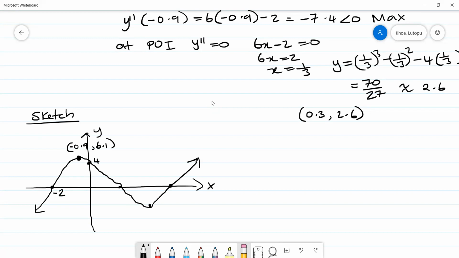This is negative 2. This is 1. This is 2. And then the minimum here, this is 1.5, 0.9. And write y is equal to x cubed minus x squared minus 4x plus 4.